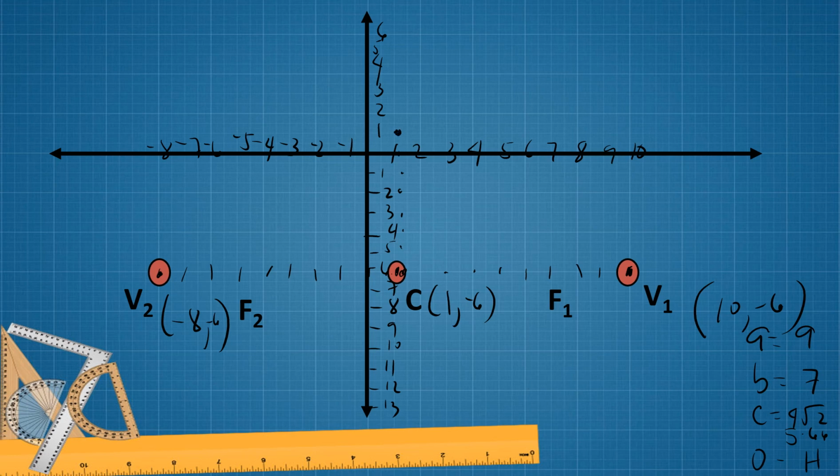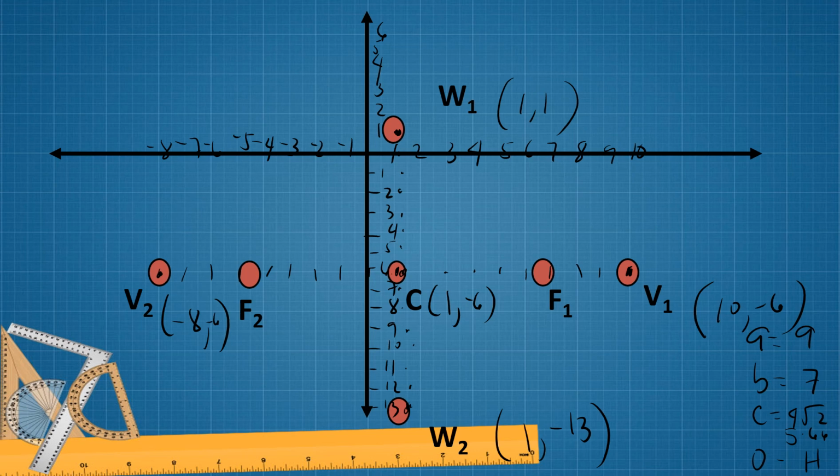And then, we're going to count 7 units downward. So, we have 1, 2, 3, 4, 5, 6, 7. So, therefore, the second co-vertex is located here. So, W sub 1 is located at 1, 1, while W sub 2 is located at 1, negative 13.